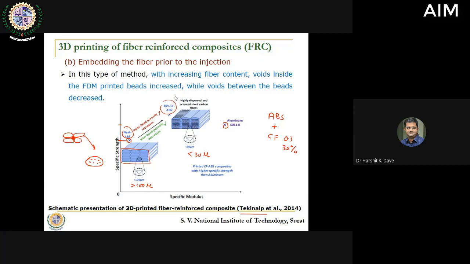However, the larger voids were reduced, and there was a considerable increase in the strength of the part, better than what aluminum demonstrated. So carbon fiber based ABS gives you strength which is better than what aluminum exhibits. That is a very important observation reported by a research team.